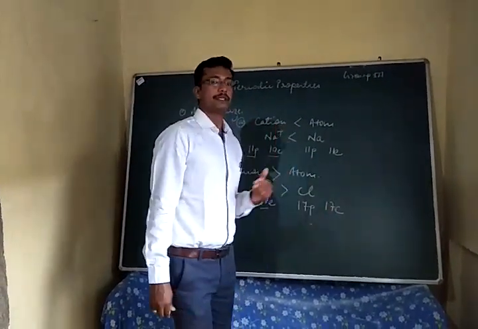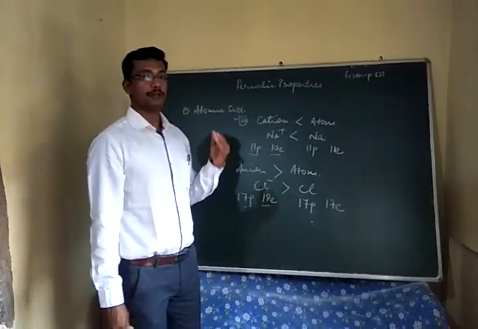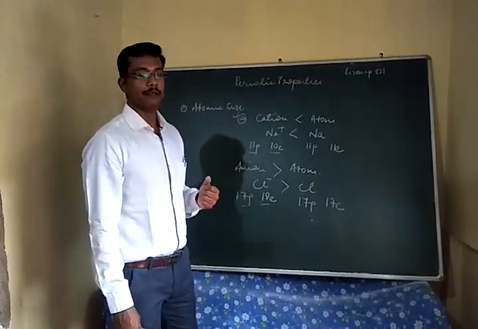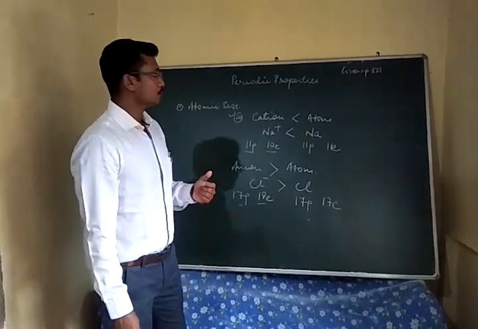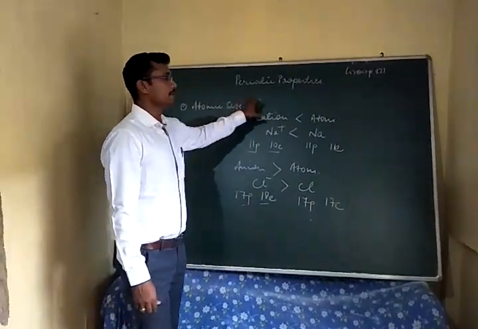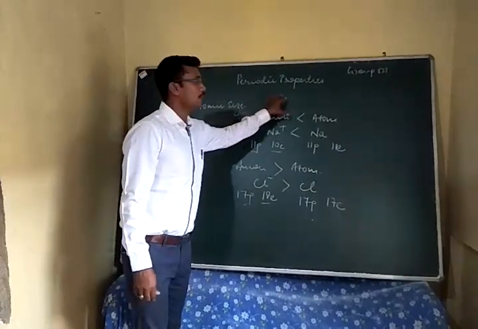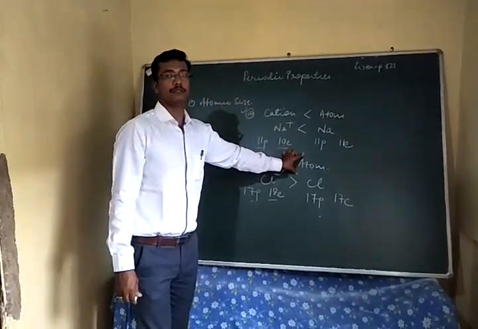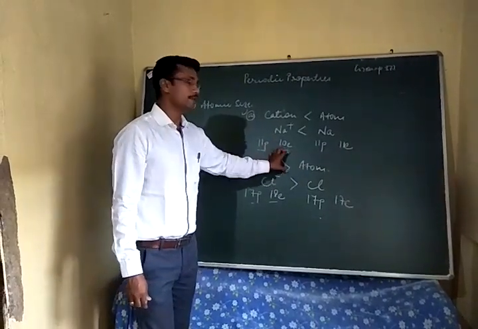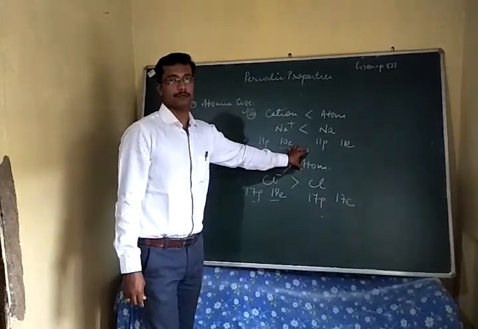That will decrease the atomic size because the outermost shell will be moving closer to the nucleus. So once again we can see, a cation is always smaller than the atom, and an anion is always greater than the neutral atom.